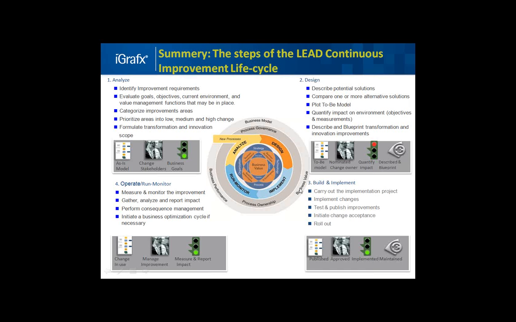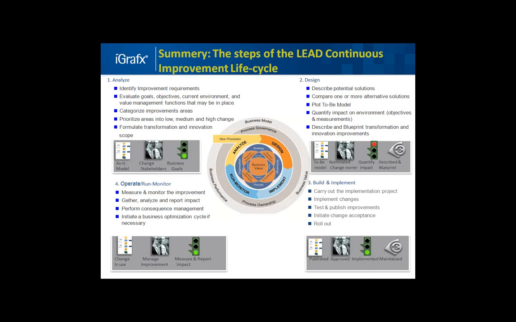In the step of the process building of the performance analytical and process intelligence, and for the implementation of this, you carry out the implementation project because you have identified, not only from step 1 where the value drivers and goals are, and step 2 you've quantified the different areas and where you could transform them and implement them.